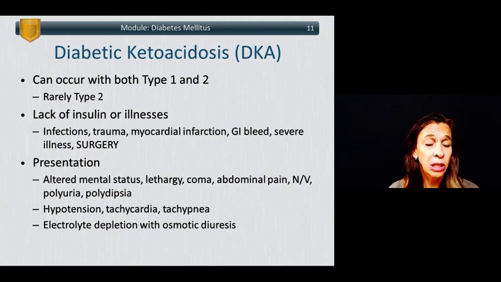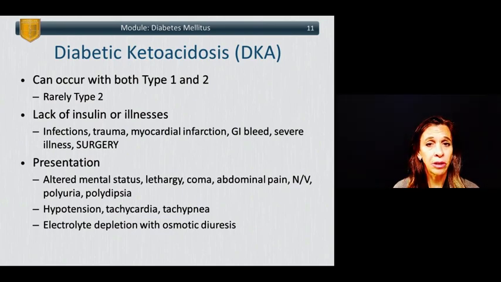Diabetic ketoacidosis is much more common in type 1 diabetics, but can occur even in type 2 diabetics. This is due to either a significant lack of insulin for some period of time, but can occur within 24 hours of no insulin in a type 1 diabetic, or due to significant illnesses, even if insulin is still being administered.